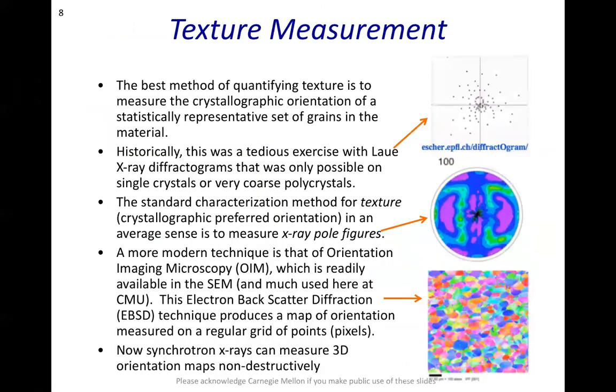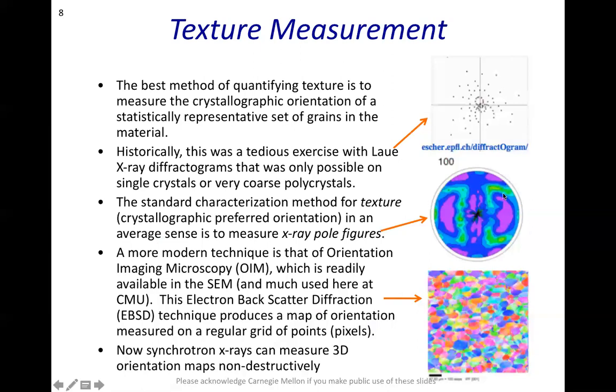So how do we measure this texture? We want to make this quantitative. The standard method is X-ray diffraction. We measure pole figures with the texture goniometer that we'll look at in just a second.